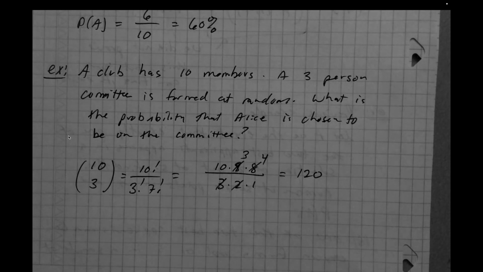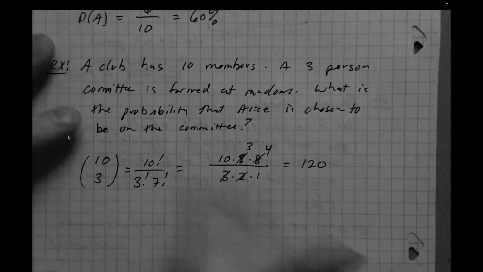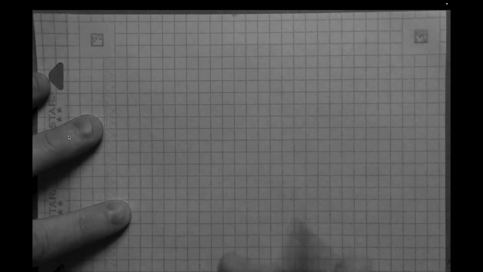Okay. Now, the number of ways to have Alice on the committee means that one of those slots automatically goes to Alice.